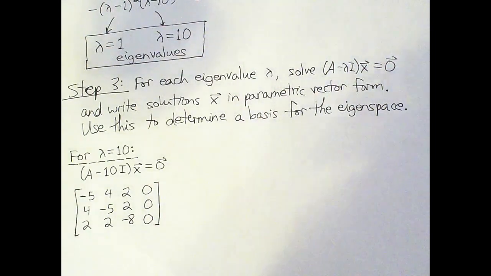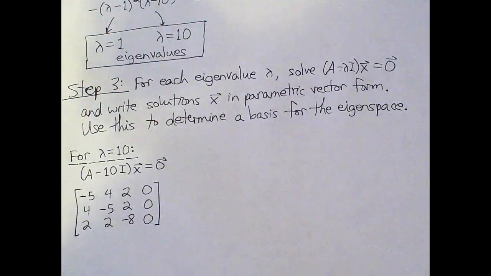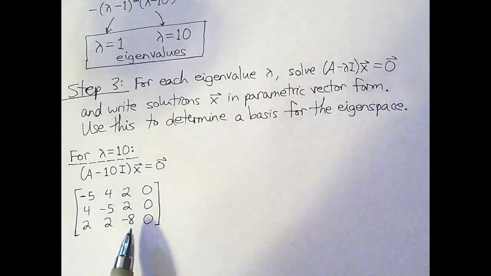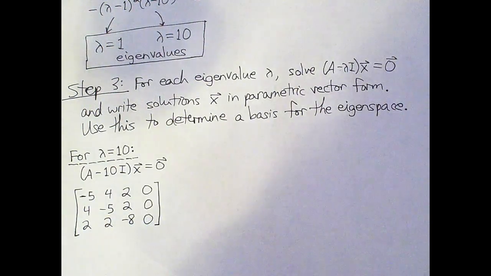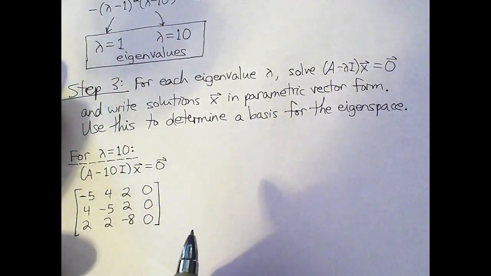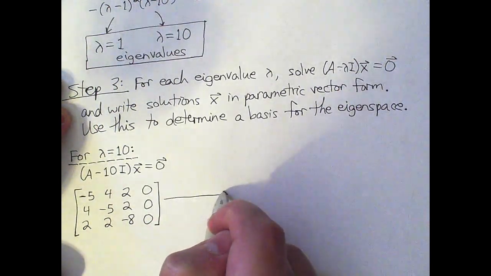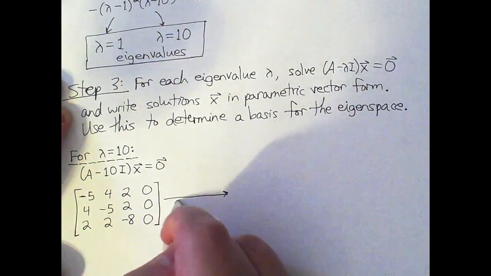In my notes, I did the row reduction. It's a 3x3 problem, so it took some steps. I think the first thing I did was I multiplied row 3 by 1/2. I thought that would make things a little bit simpler. Then I started adding multiples of rows to rows. I'm going to skip those row reduction steps. I think that you've seen enough row reduction from me, and you can do this for practice if you'd like.